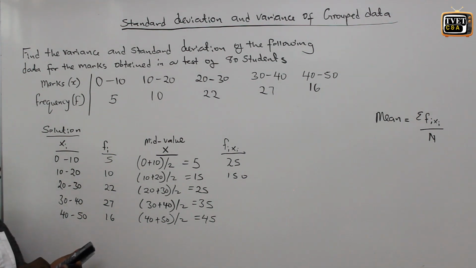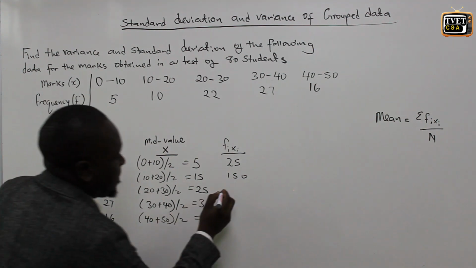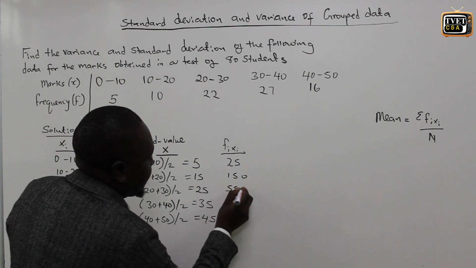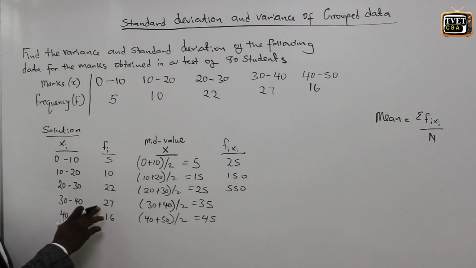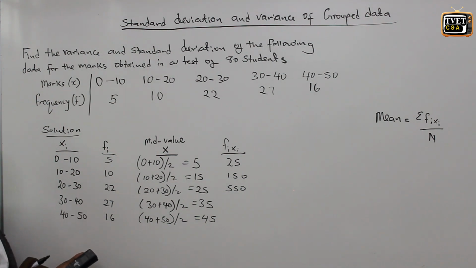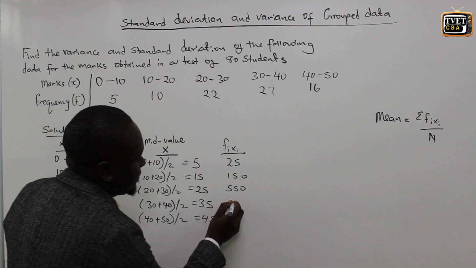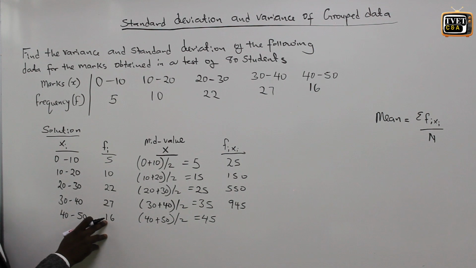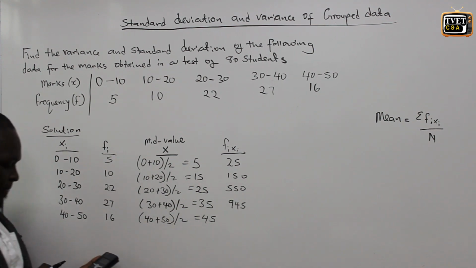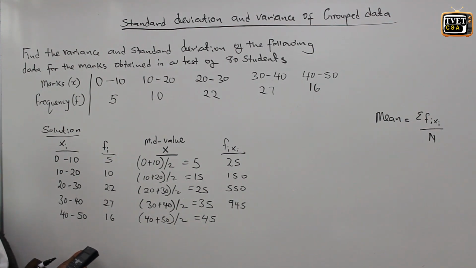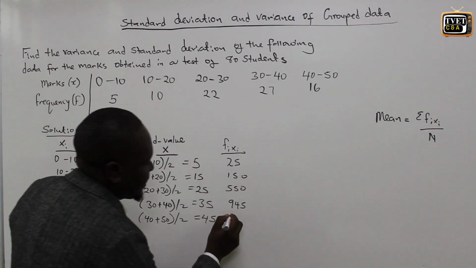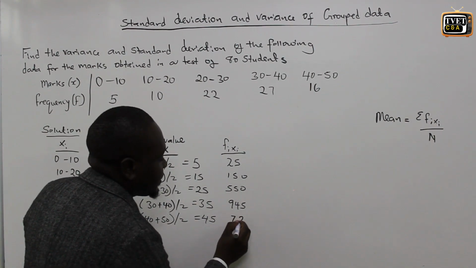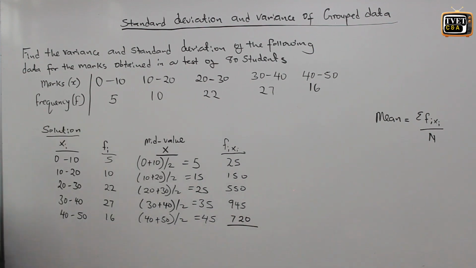That is 22 times 25. You'll have 550. Then our frequency 27. 27 times 35, we'll have 945. Then the final one is 16 times 45, which is 720. Hope we are all together up to that point.